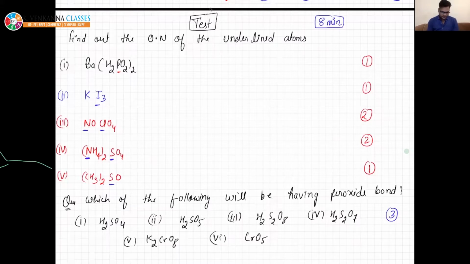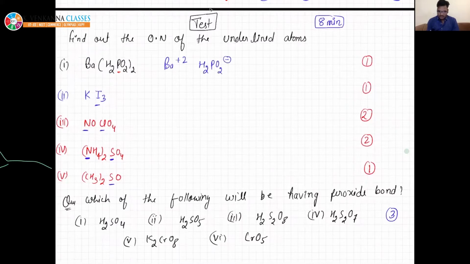Okay, guys. Whenever you see such a combination in which there is some metal and non-metal, you can write it like this. In this case, barium belongs to the alkaline earth metals, so it will have +2, and this will become the crisscross method, so it will become minus.